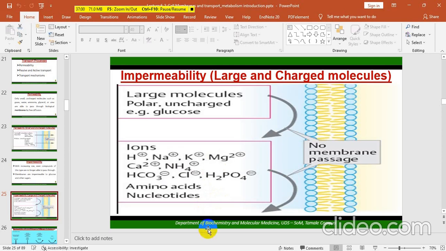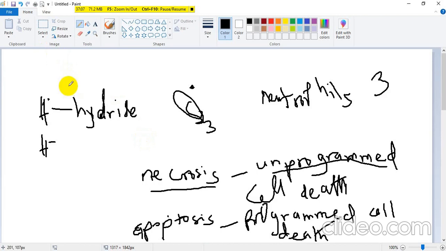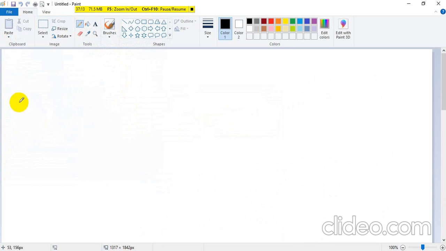So the pharmaceutical companies, what they do is that if they encounter something like this, they will develop something we call a liposome, to transport it.